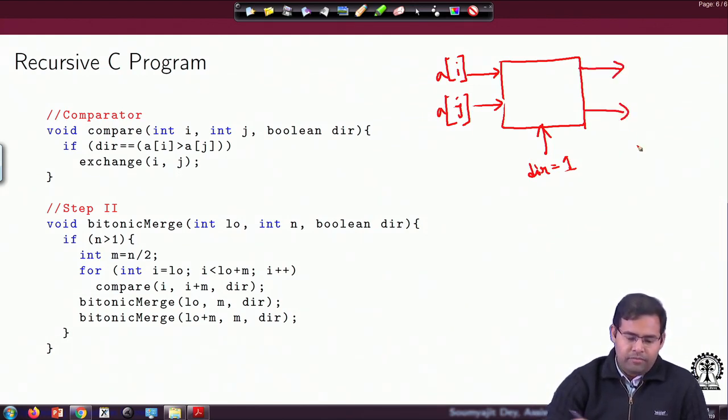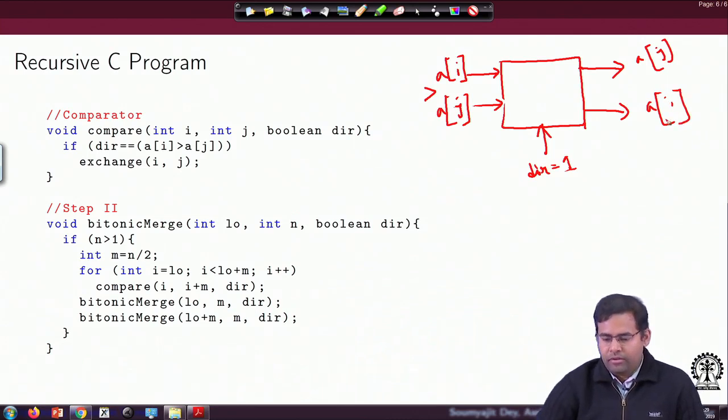So, essentially in the output lines, if ai is greater than aj, then you do the exchange, and you get effectively the value here and the value here, ai.